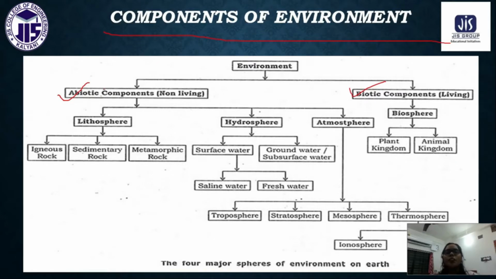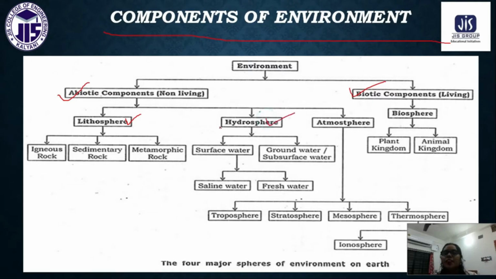Now, abiotic component is again of three types. One is lithosphere. Okay, lithosphere, as I told you earlier, means all types of land resources, whatever rock, soil, land we have, that is called the lithosphere. Next we have the hydrosphere.